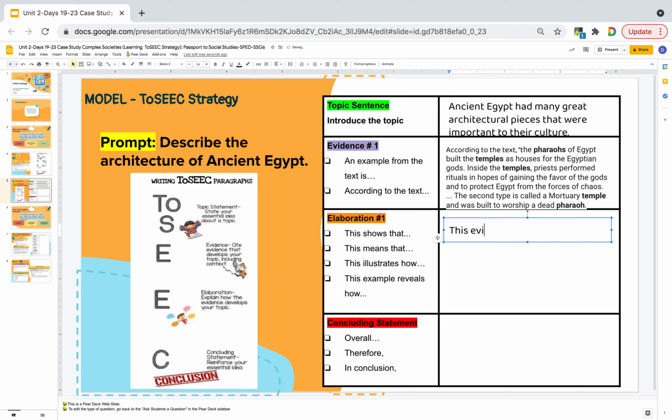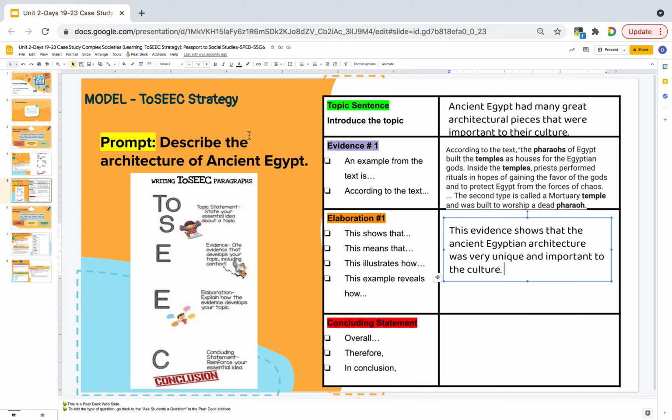This evidence shows that the ancient Egyptian architecture was very unique and important to the culture. So in my elaboration, I'm explaining how the evidence connects back to my initial topic statement.